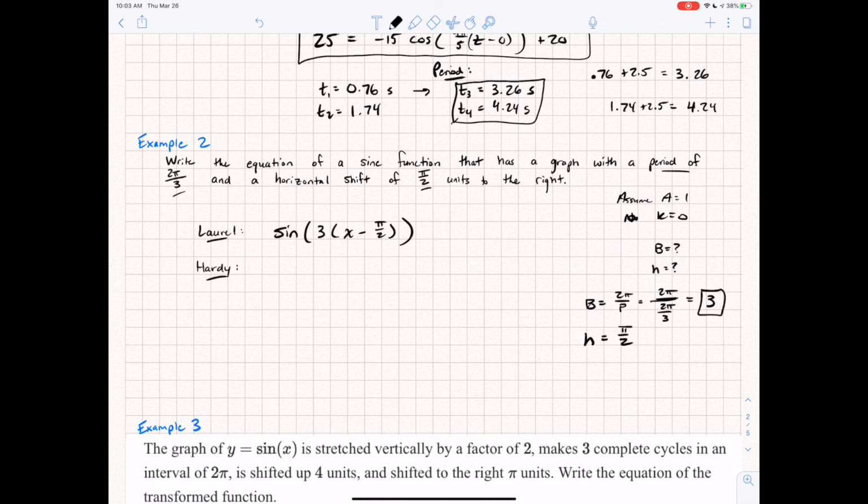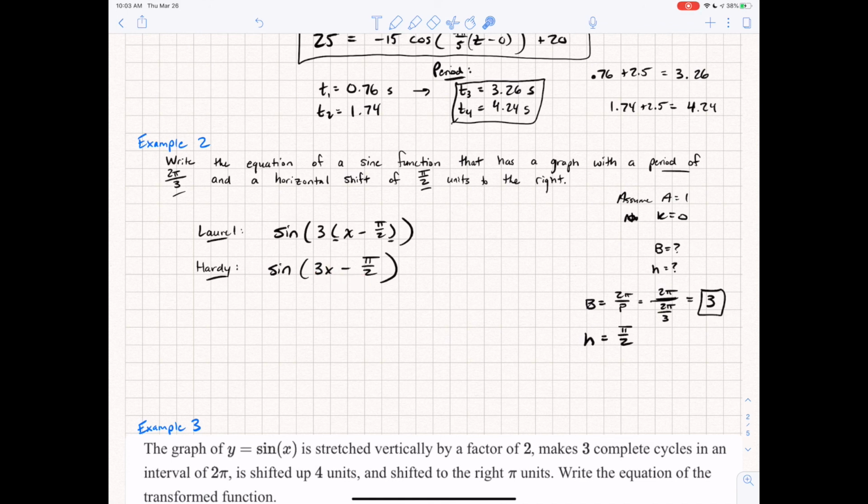Hardy comes in and wants to write it like this, 3x minus pi over 2. In other words, what if you don't put in the parentheses here? Because this still looks like I'm having a horizontal stretch or compression by 3, and I'm still moving at pi over 2 to the right.